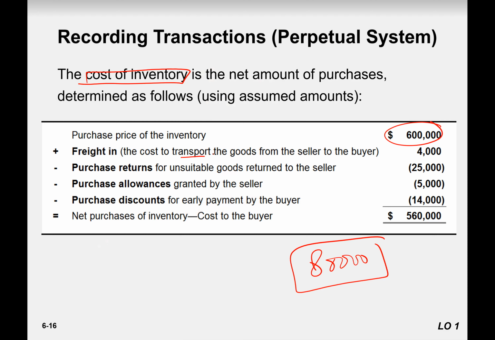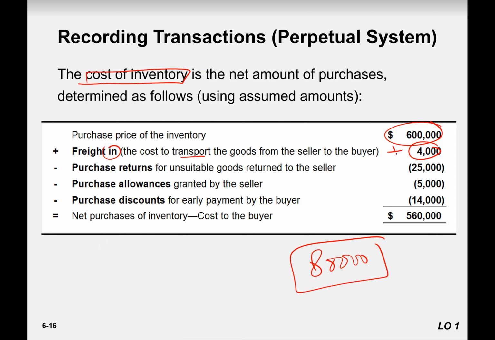In that case, we are the buyer, so it costs us 4,000 to pay transportation costs. Freight in, not out. Freight out is when we pay for the customer. Freight in is like we are paying for ourselves. We purchase some inventory and we are paying the transportation cost, increasing our inventory. So we call this freight in.